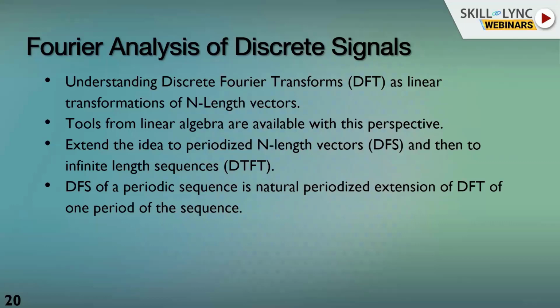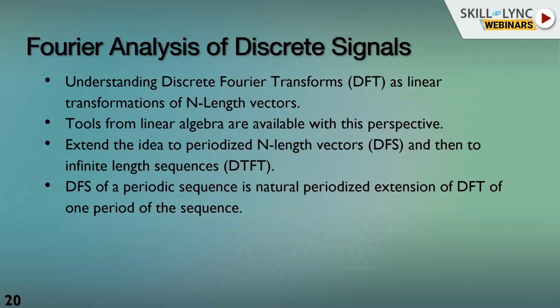This change of basis comes from linear algebra concepts, and once we start using linear algebra, we have all the tools from linear algebra available to apply in DSP. And then we can extend this idea of DFT or change of basis to periodic signals.